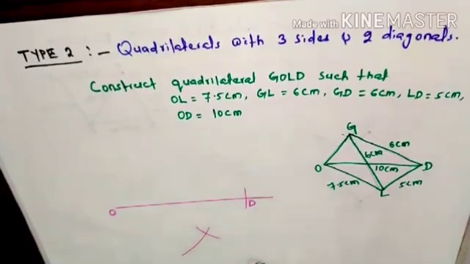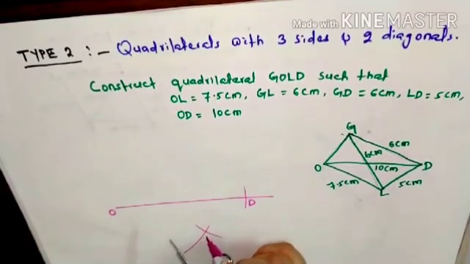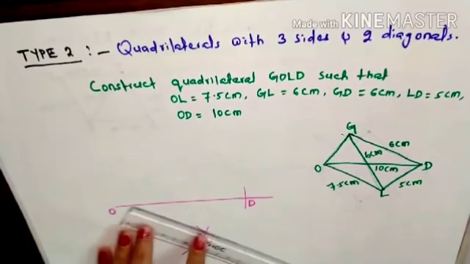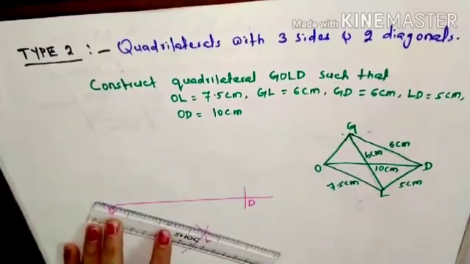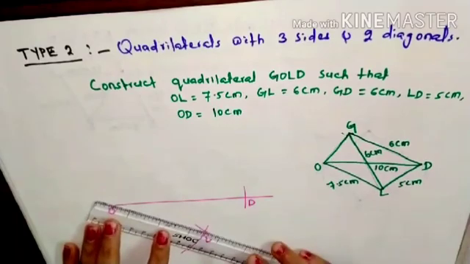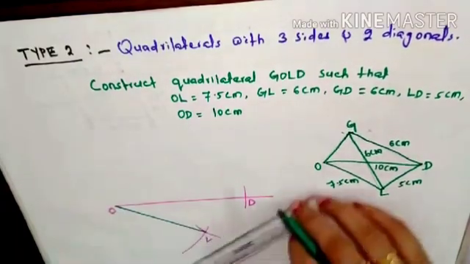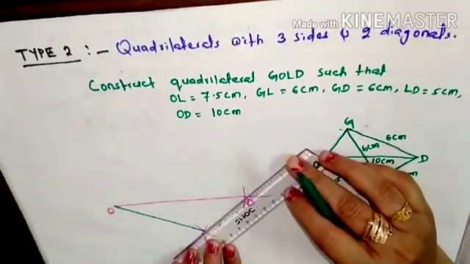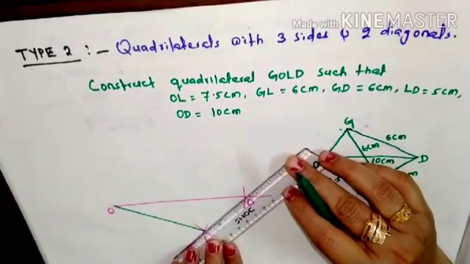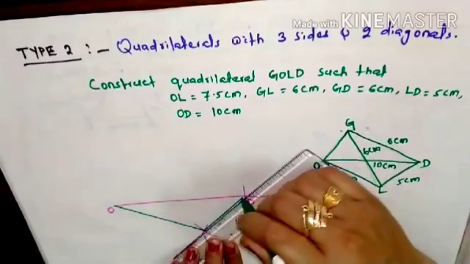Let us say this point is your point L. Then join OL and join LD.